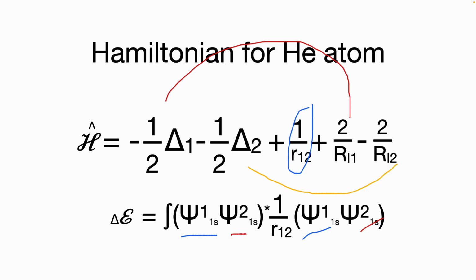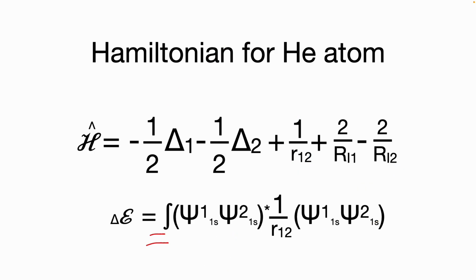Now, if we put in the 1s electron wave function and compute the expectation value, what we get is equal to five by 8 times Z atomic units.